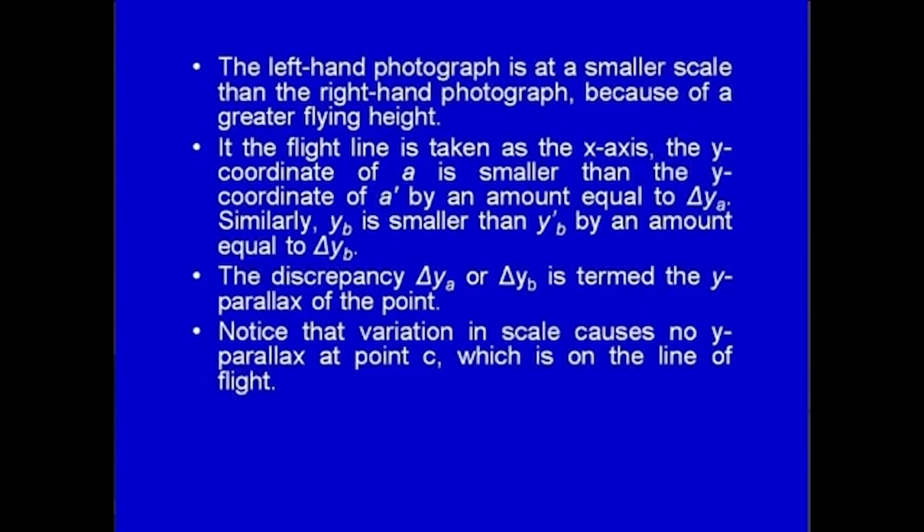The discrepancy in delta y a or delta y b is termed the y parallax of the point. Notice that variation in scale causes no y parallax at point C, which is on the line of flight.